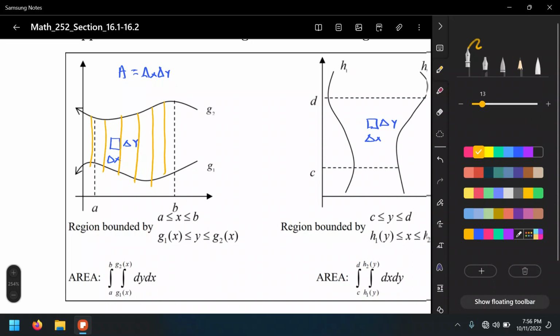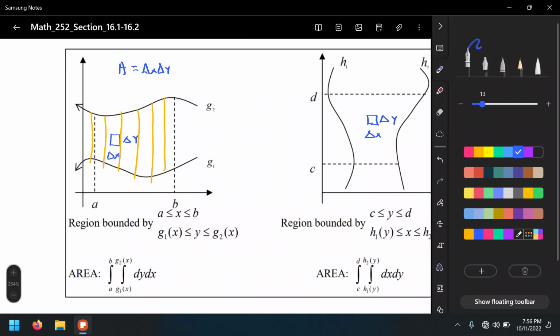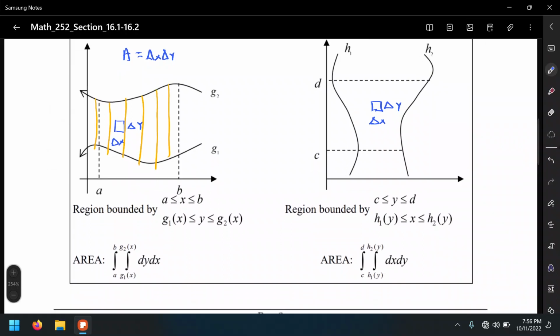Whenever we want to do this vertically simple region, we are going to integrate in the following order, dy and then dx. So, vertically simple.